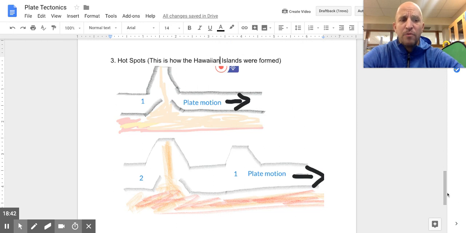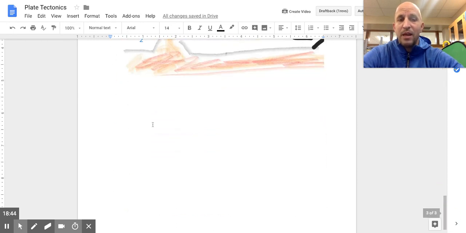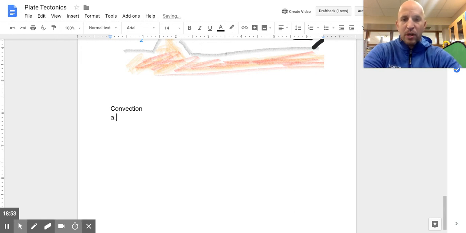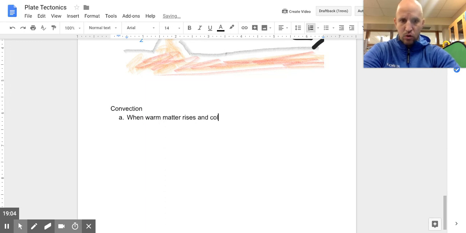Also, a term that I'm going to put here at the end is called convection. So we showed you guys the demonstration yesterday with convection. So remember, convection is when warm matter rises and cooler matter sinks, and the matter could be anything, could be air, water, anything.